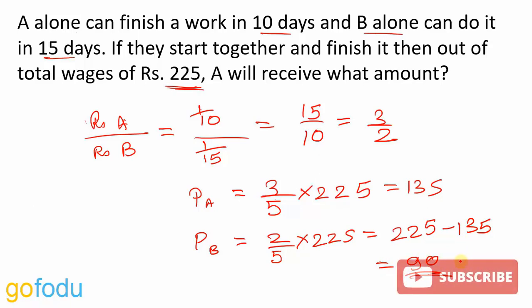So this is how money will be distributed between two people. It would be directly proportional to the work done by each of them. And if they both have worked for the same duration, then we can say the money would be directly proportional to their rate of work.